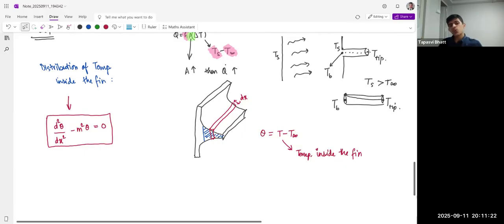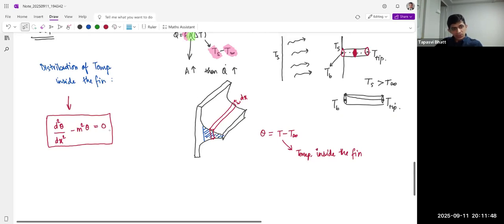Why are we actually doing this? We want to calculate, let's see this in 2D, what is the temperature at this point in the fin. Here I know the temperature is TB or TS. Here, as of now I don't know, but we'll discuss a few cases about this. What is the temperature here? This is what we are trying to calculate.